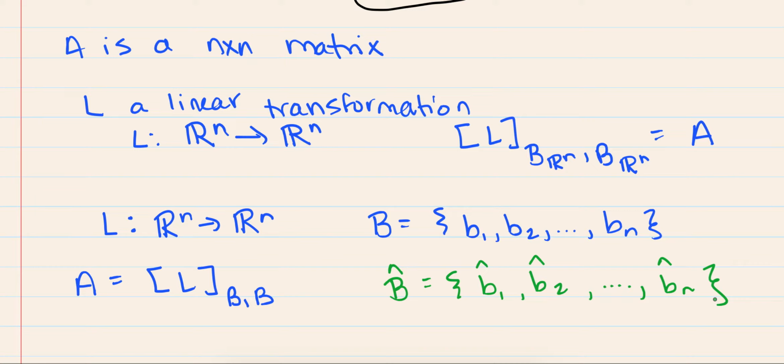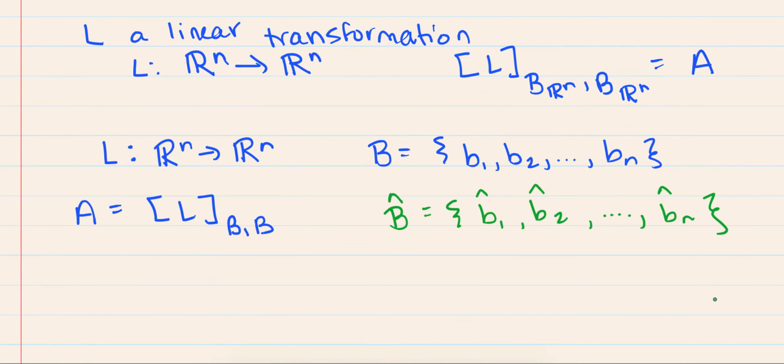They all have to have linearly independent vectors that span our vector space, which here is Rn. But we can come up with as many bases that we like. So let's say we take that same linear transformation, plug in this basis, and write it in terms of this basis. And let's call this matrix B.